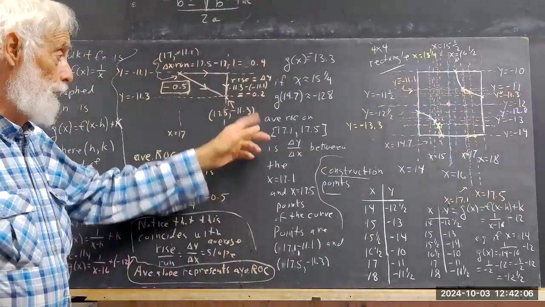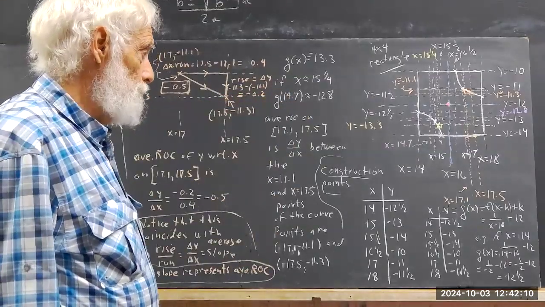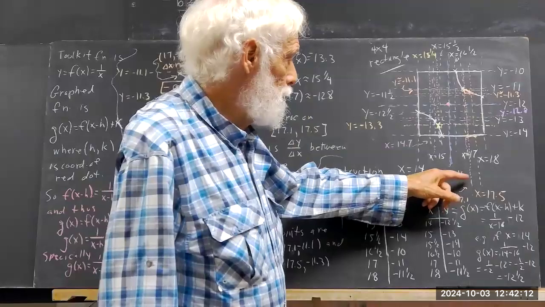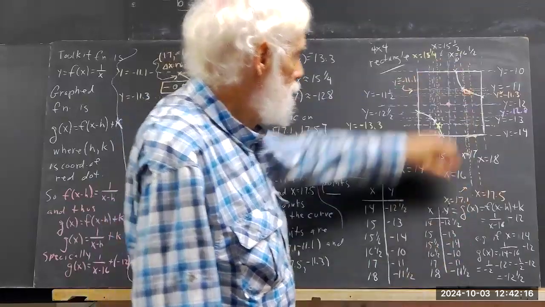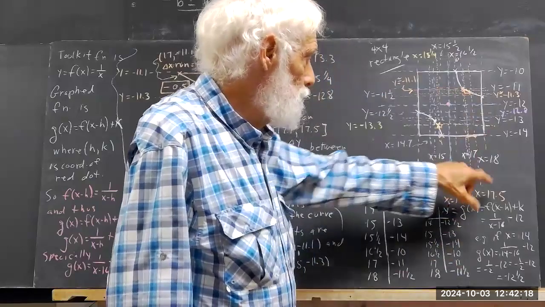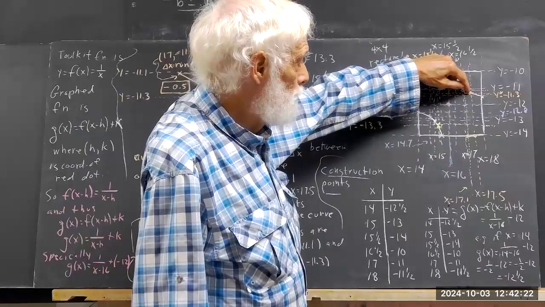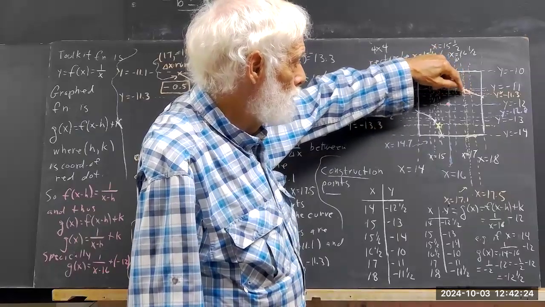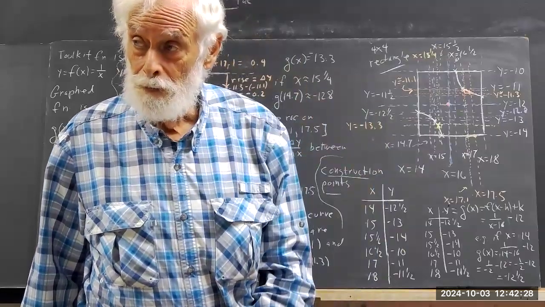We do that and get an average rate of change on the interval 17.1 to 17.5. Here's your 17.1 line in orange, here's the 17.5 line in orange, here's that interval, 17.1 to 17.5. Here are the points for those lines to graph, and this little orange triangle tells you what the rate of change is.